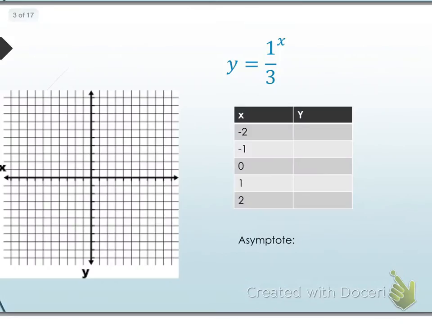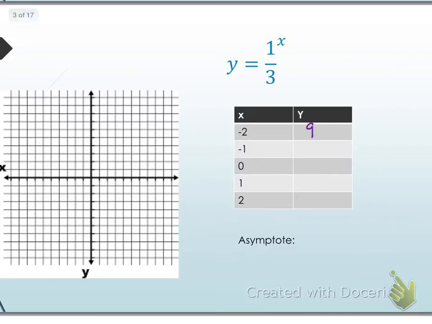So my next one, if I wanted to, I could just type this in my graphing calculator. So I type in y equals 1 divided by 3, and then I do the caret button and x. When I press graph, I get a picture. Okay, and then once I want my table values, I'm going to press second and graph again.